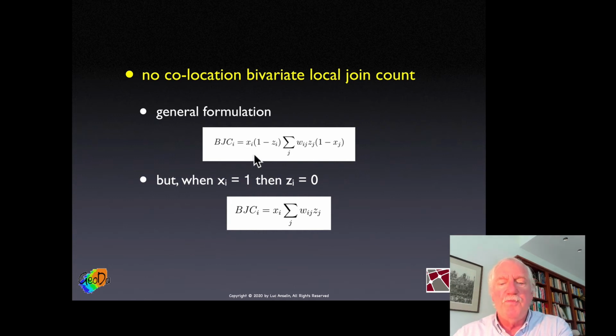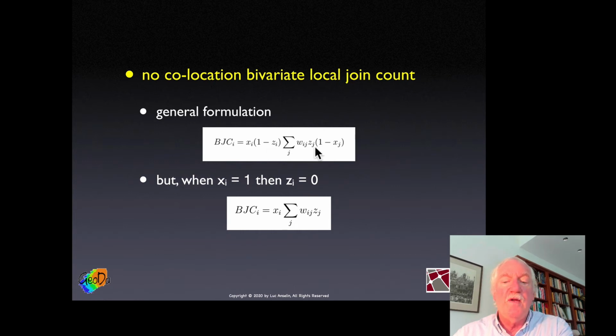So in general, to have a no co-location means that if you have x_i is 1, in order for it to count, you have to make sure that the second part is also 1. And since there's no co-location, z_i will be 0. And since z_i is 0, this product is 1.